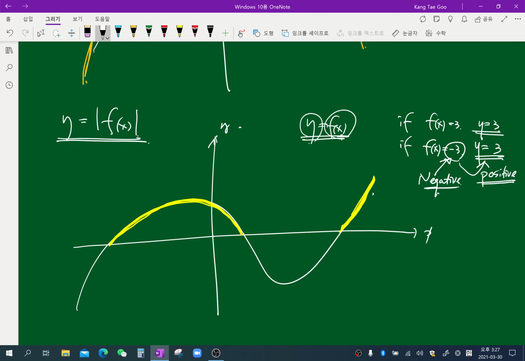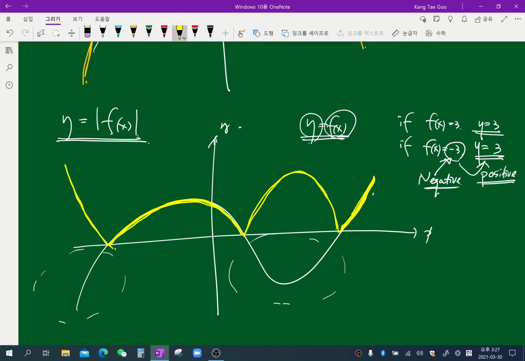What does that mean? If the original function f(x) is negative, which is below the x-axis, this part and this part, right? If the original function has a negative value, then once we put the absolute value sign over there, it turns positive, so it goes up like this.